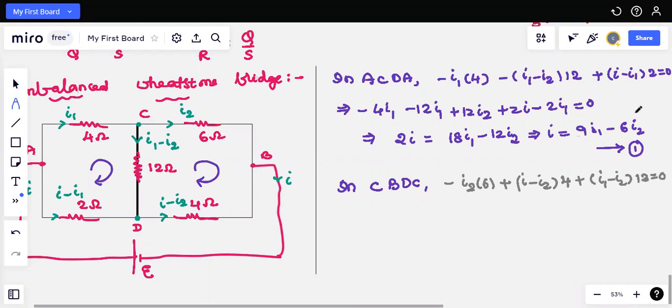Check once again: this is 4 minus 6I2 plus 4I minus 4I2 plus 12I1 minus 12I2 is equal to 0.